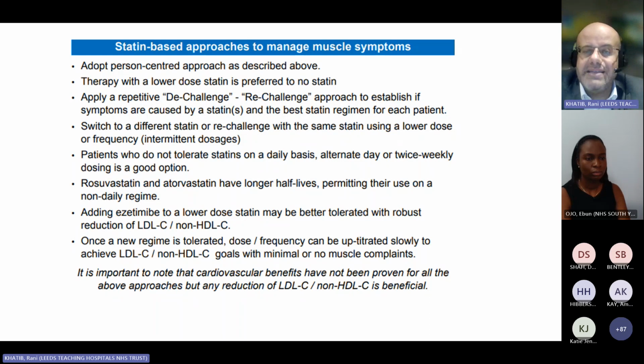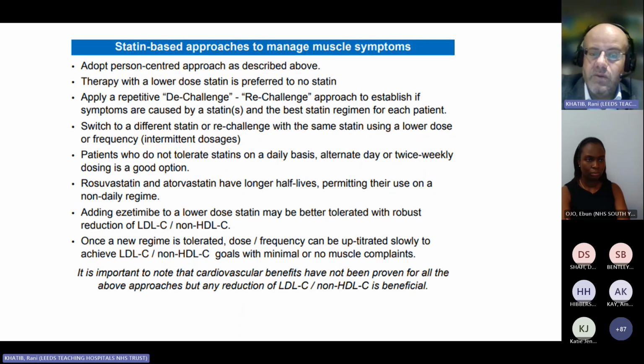Usually the longer acting statins such as rosuvastatin and atorvastatin might work in non-daily regimens. Sometimes you lower the dose and add ezetimibe or another lipid lowering therapy in order to reduce the side effects that the patient might be perceiving. It is a little bit of no one size fits all.